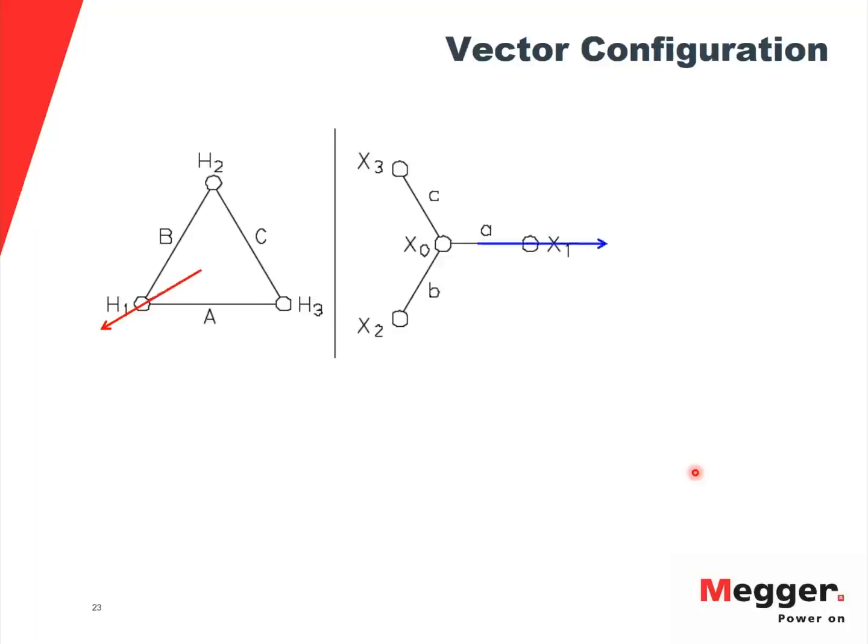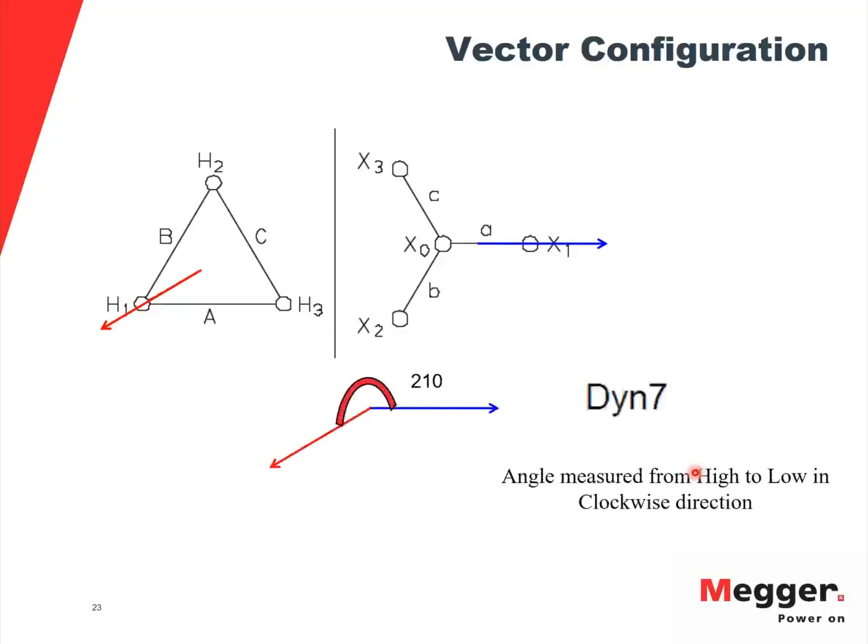And then I want to find the angle between the two vectors going in the clockwise direction. It would look something like this. And this angle equates to 210 degrees, which makes it DYN7. So as I said, it is very important to pick the right vector configuration.